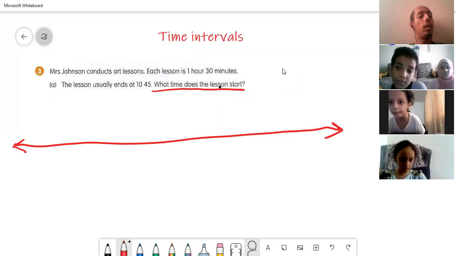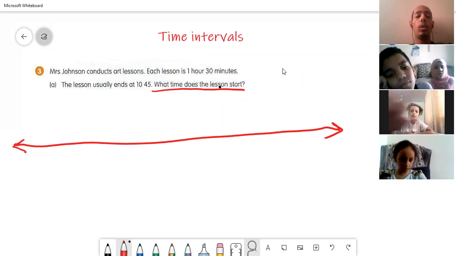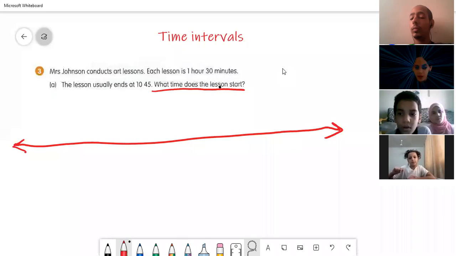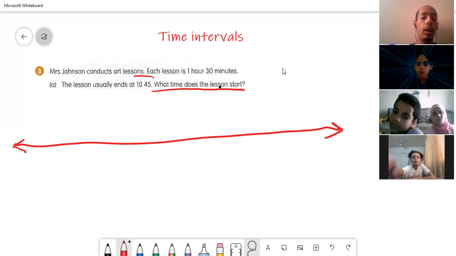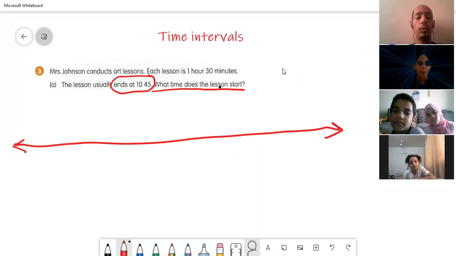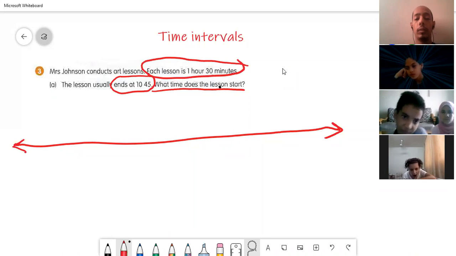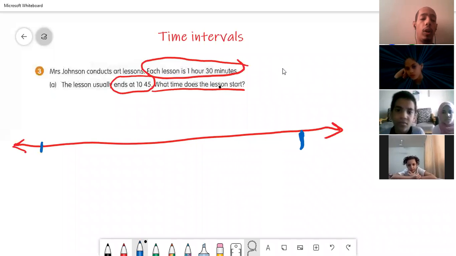So we are given the end time. You are given the end time, right? And you are given also the duration, right? So I'm gonna start with the end time to find the start time.